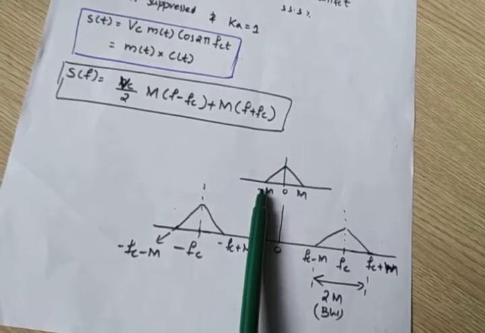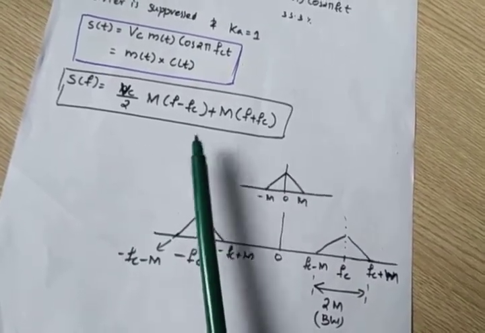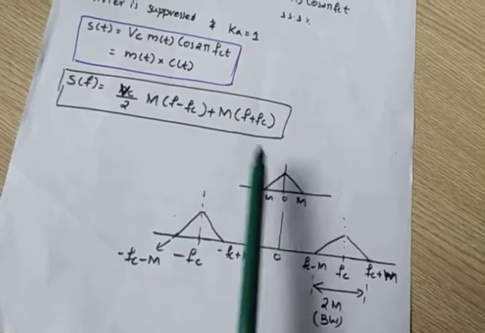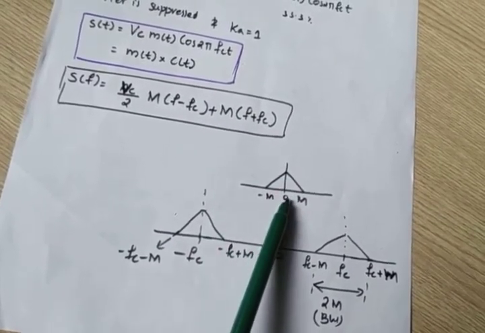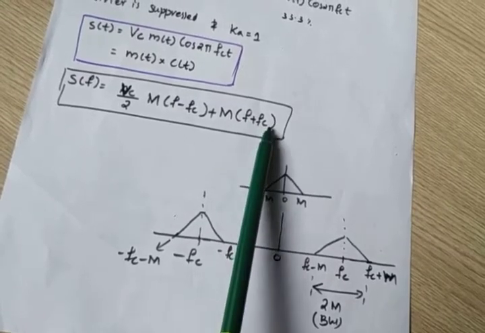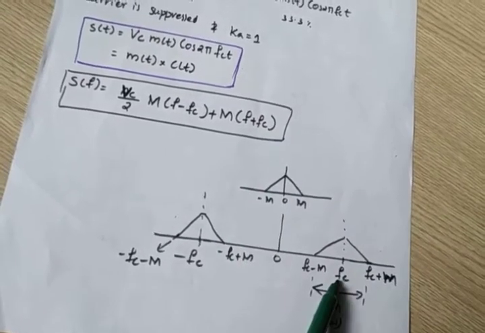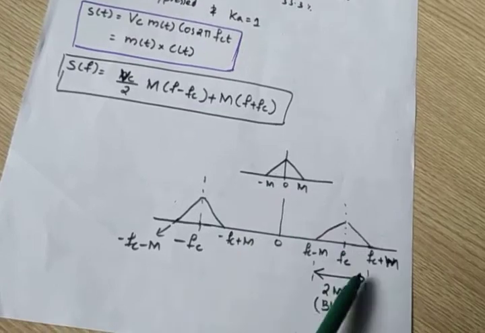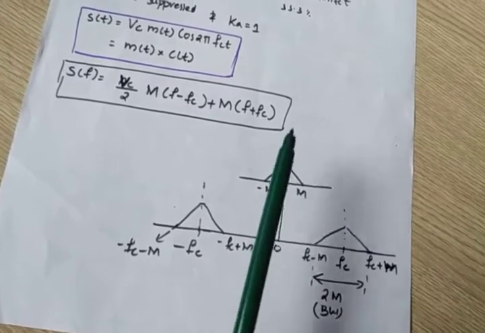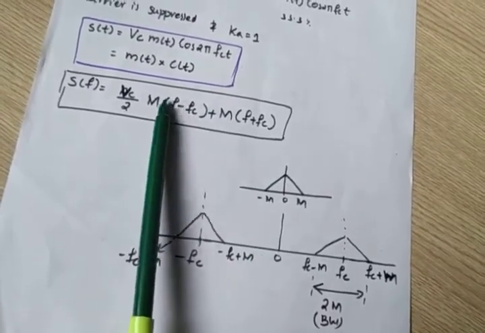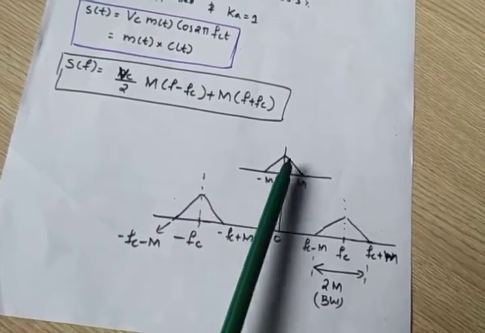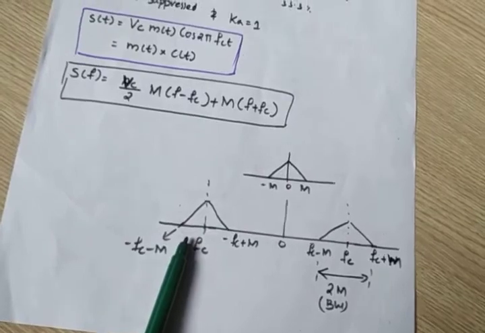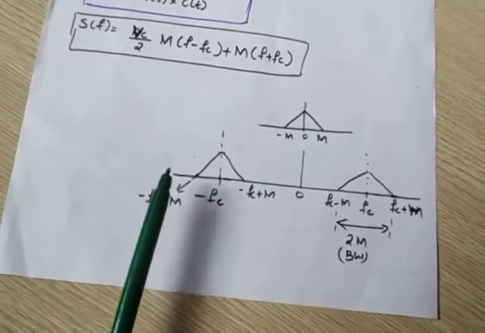So you put this term here: the frequency term is 0, so 0 plus fc, plus fc. That means at plus fc you replicate this spectrum, and now you put 0 in this term here, that means 0 minus fc, minus fc. So at minus fc you replicate this. In this way you draw this spectrum.